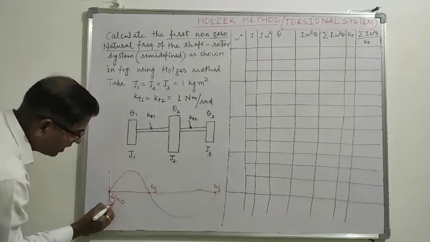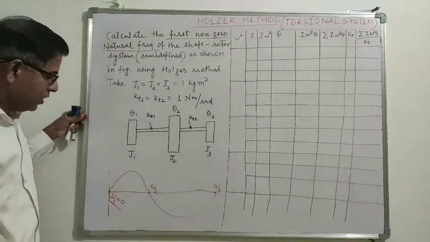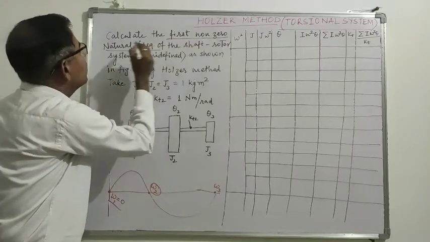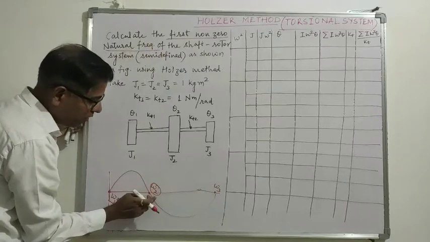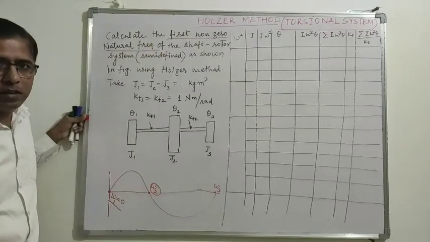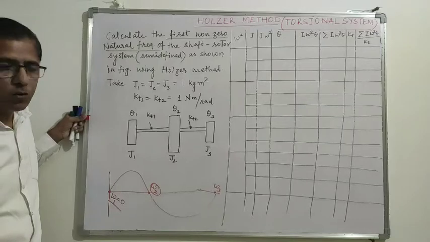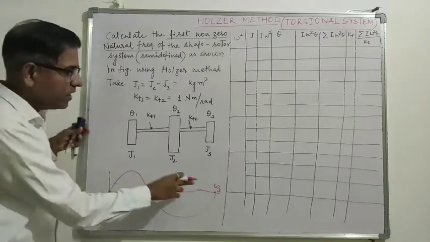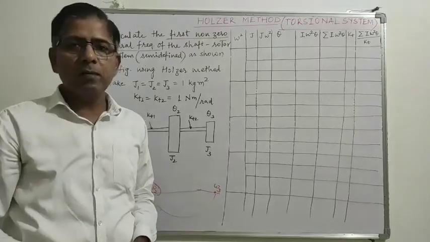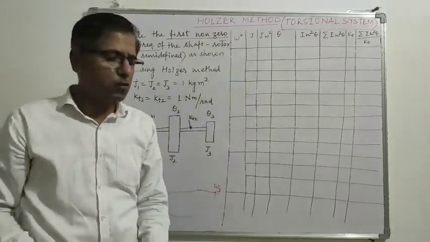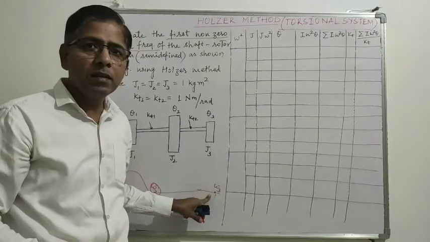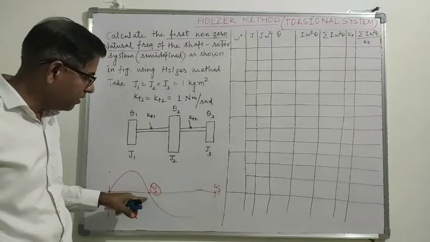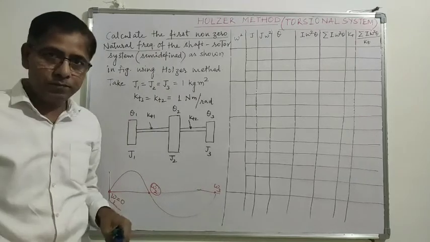So here we need to find the first non-zero natural frequency, that means omega 2. Omega 3 we don't have to determine because it will take a lot of iterations, so this problem is limited to finding omega 2.